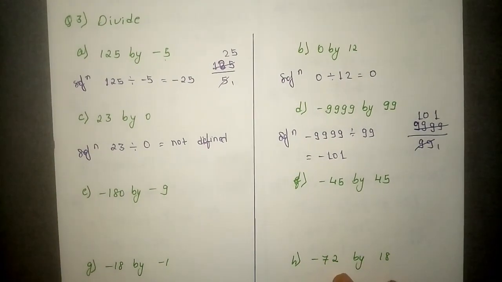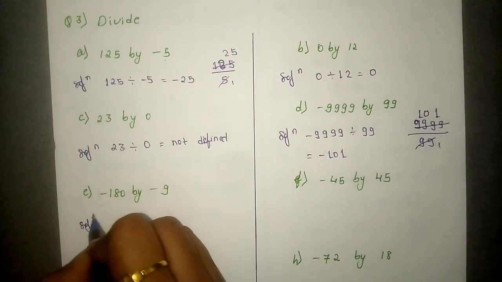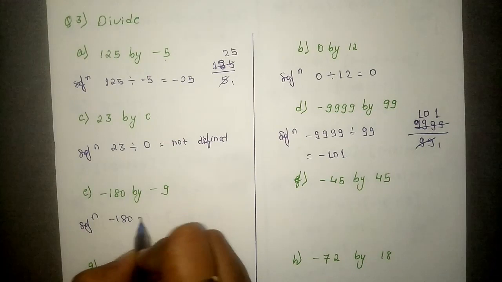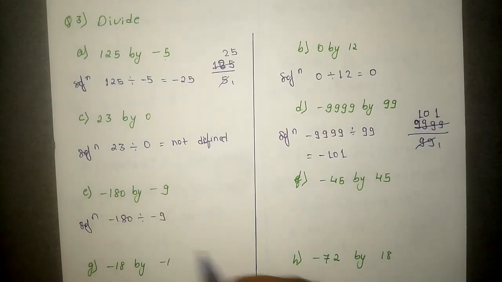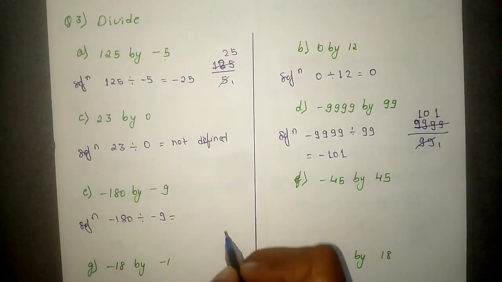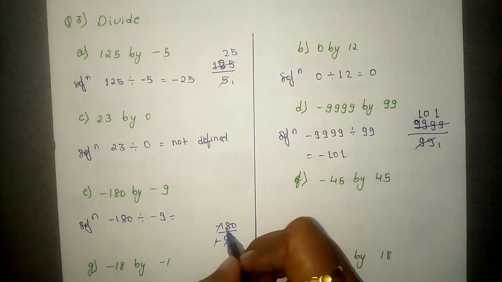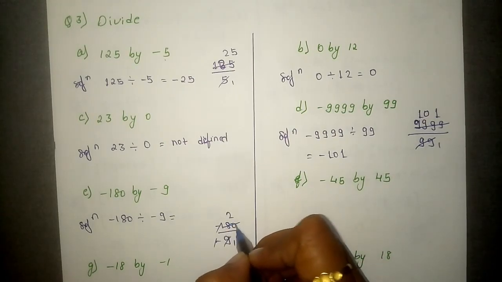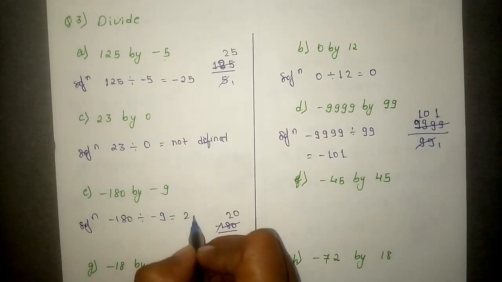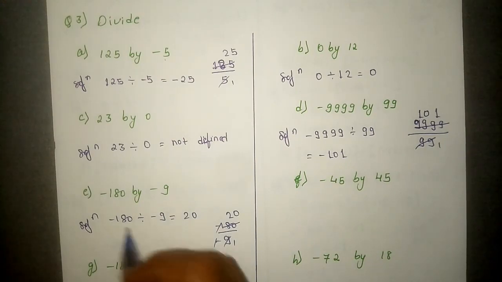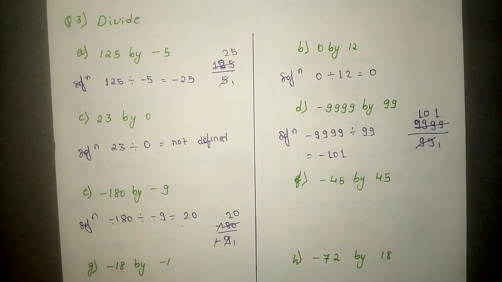Then the next question, it is given minus 180 divided by minus 9. Simply do cancellation, because it will be easier for you. So minus minus will get cancelled. Then 9 into 1, 9 into 2, and here 9 into 0. So we will get plus 20, because minus minus will become plus.